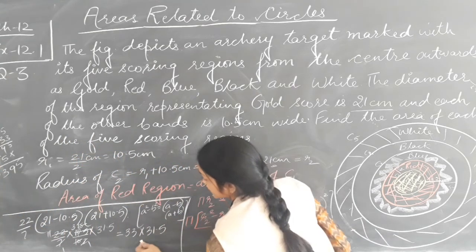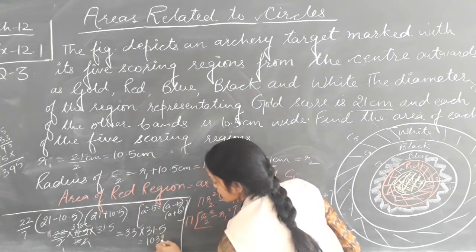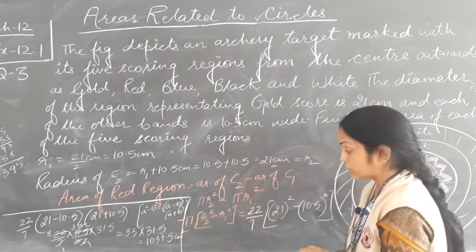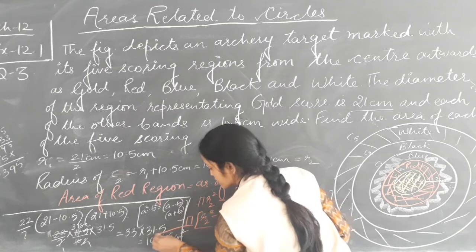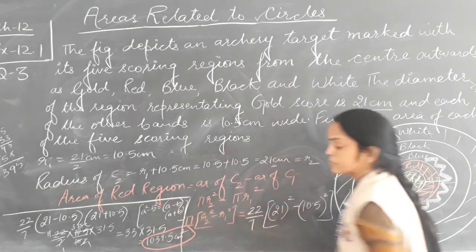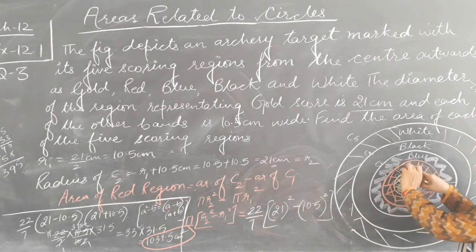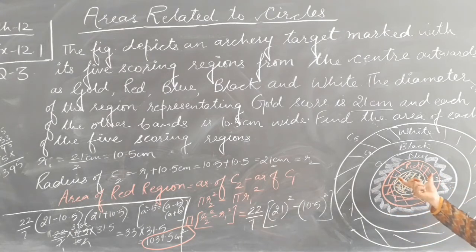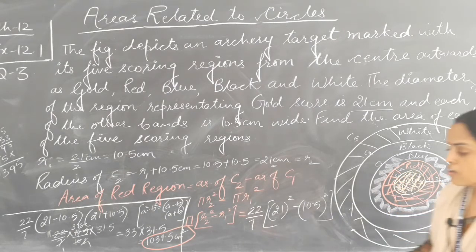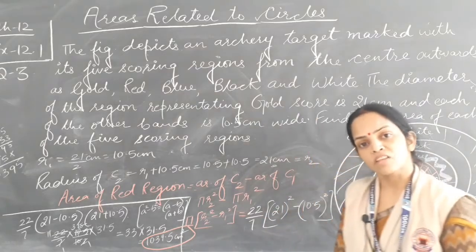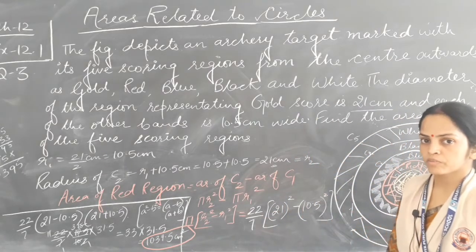So here we will get 1039.5 centimeter square. This will be the area of this red region. Okay, so area of red region is 1039.5 centimeter square. Got it?